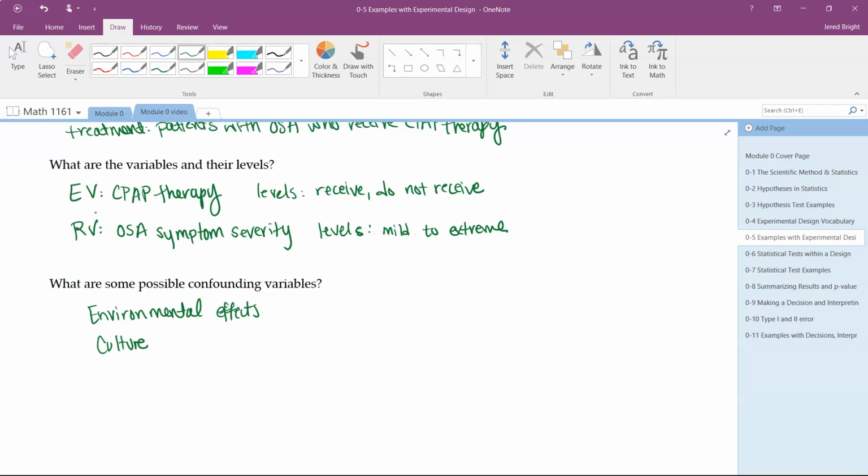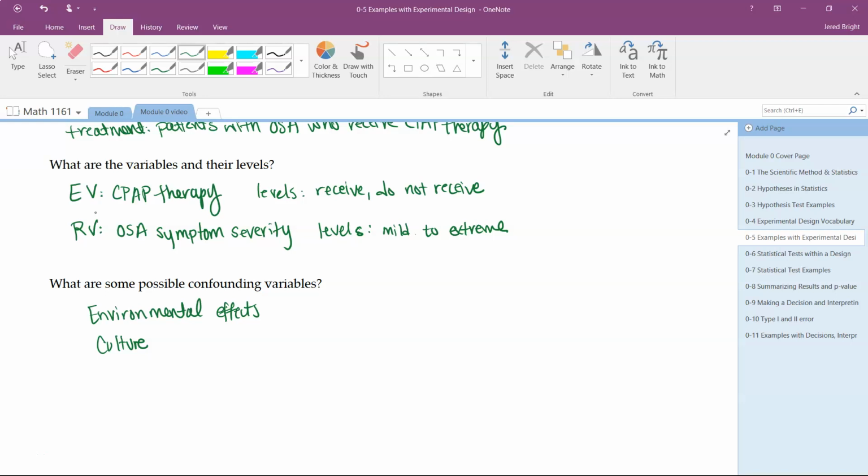Maybe they do yoga before bed and are very calm, versus a person that is very stressed going to bed. So they might experience their sleep differently because of cultural aspects. Or maybe sleep schedules, and they sleep at a different time because of certain events going on in their life. So those are all different confounding variables.